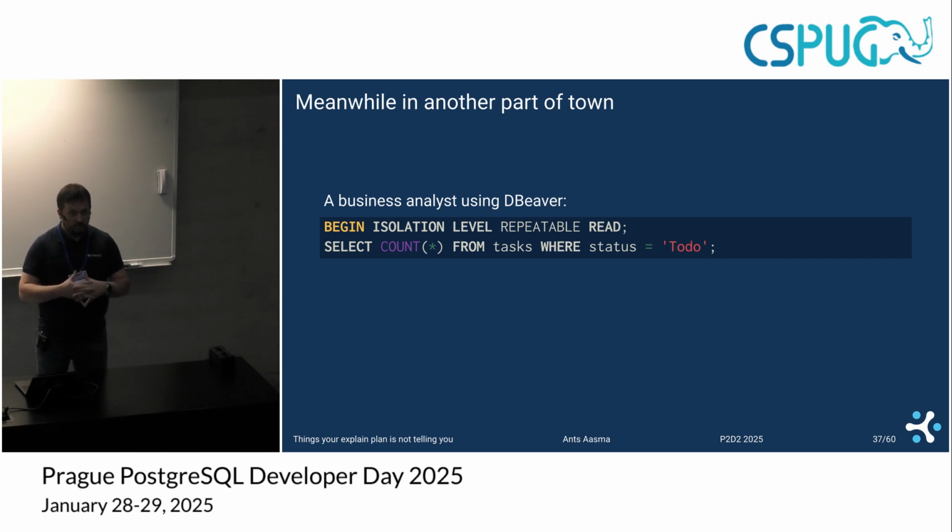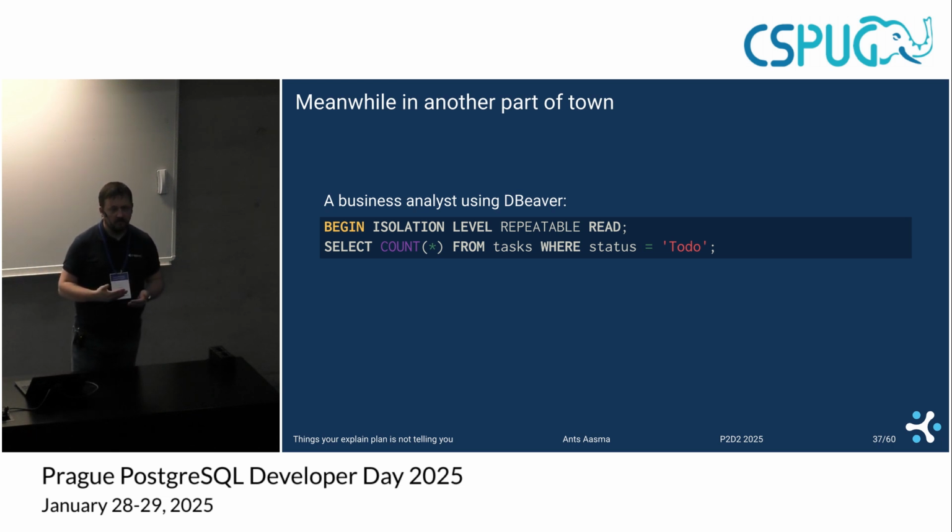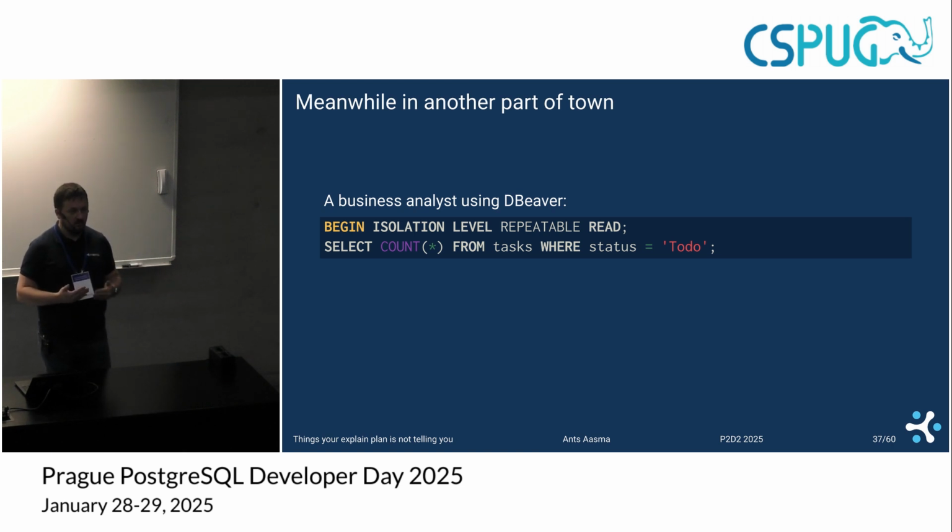The reason why I used repeatable read here is because in the default read committed mode, once the select query executes, the snapshot is released, and it's not actually holding anything back. Because in read committed, every query gets its own snapshot, and once the query is done, the snapshot can be released immediately. But in this case, I wanted it to remain open, so that's why I used repeatable read, so the snapshot needs to see the old data. Okay, thanks.